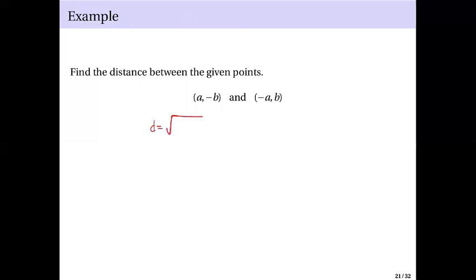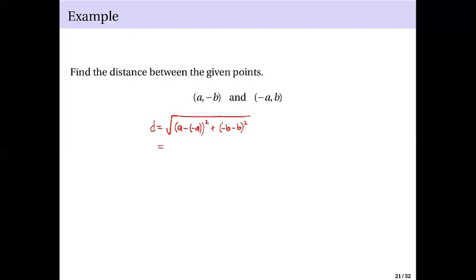Distance is equal to the square root of, here you have a minus negative a quantity squared, plus you have now minus b coming from this, then minus b quantity squared.